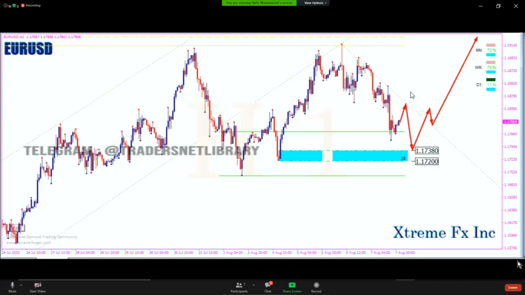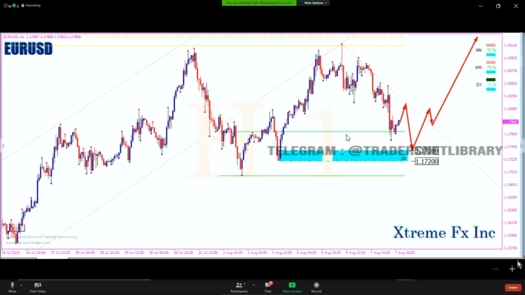I got a question here. On Euro USD, you have plotted a proximal line and distal line on the daily time frame, but do you still look for an entry on the proximal line, or do you look to a lower time frame to look for a sniper entry? If your account size is not big enough, you'll not have to take the daily. But there are people with big accounts who can decide to take the daily.